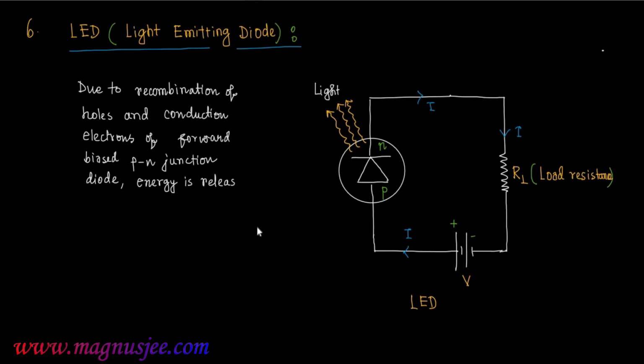Important, from which portion? Obviously at the junction. Energy is released at the junction of the diode.